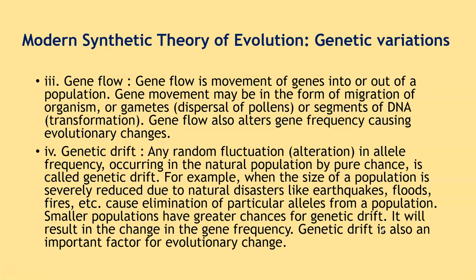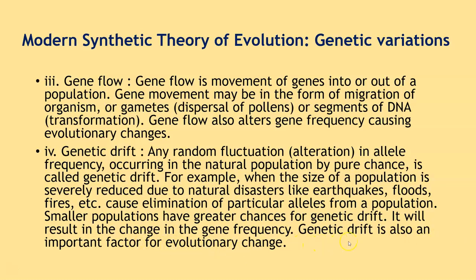So basically you lose, or there is a complete alteration of the genes in a population. It also will result in changes in the gene frequency. Genetic drift is also an important factor of evolution.